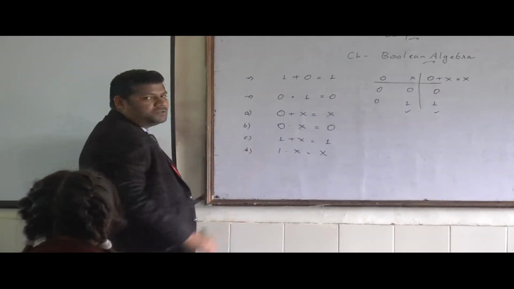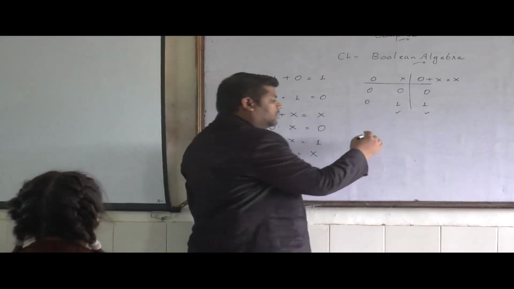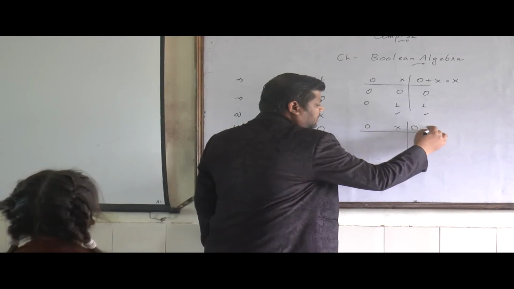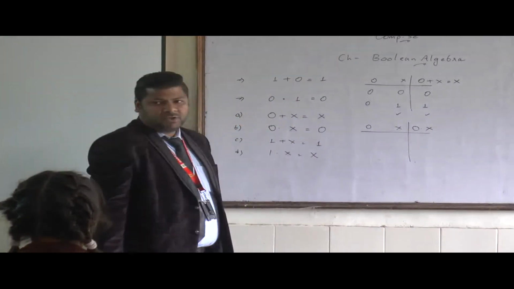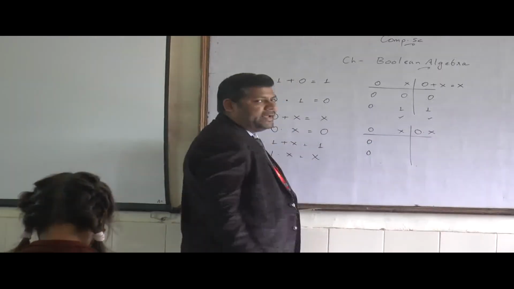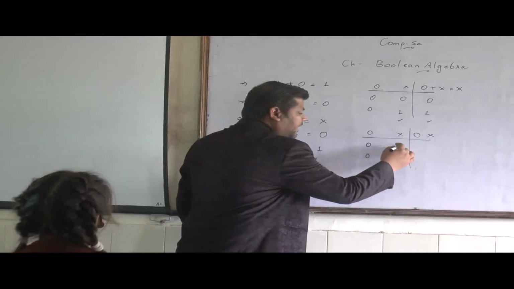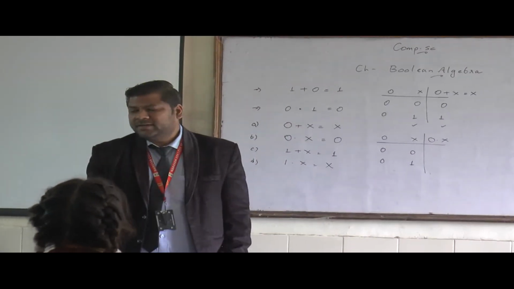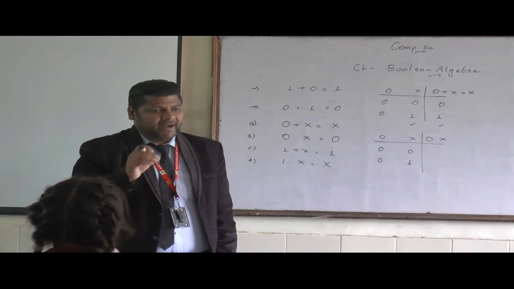As proof of another law, 0 dot x equal to 0. Again 0 will remain constant, and x is 0 and 1. Dot means AND gate, isn't it?